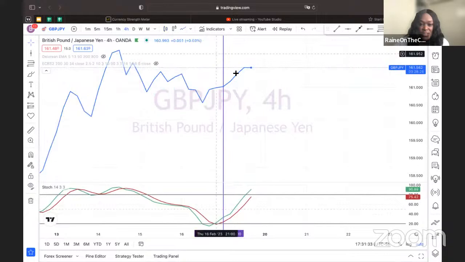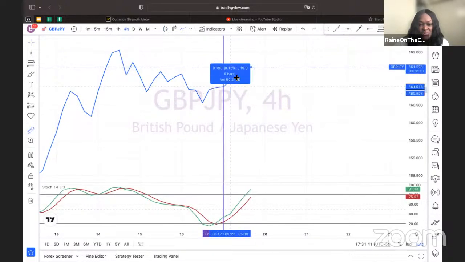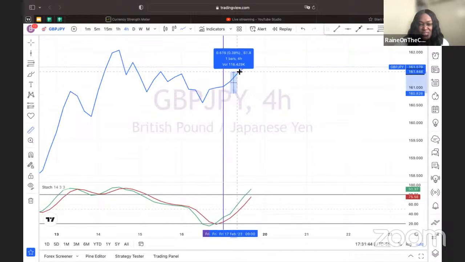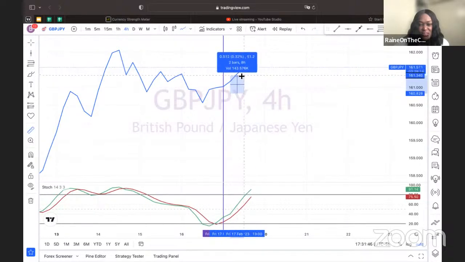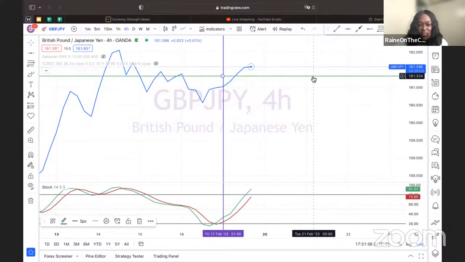If I go like so, let's go again. I missed it. I think it was here, somewhere here. 50 pips is somewhere here. Let's see. Can I get that line?